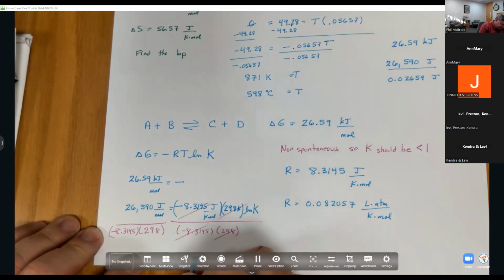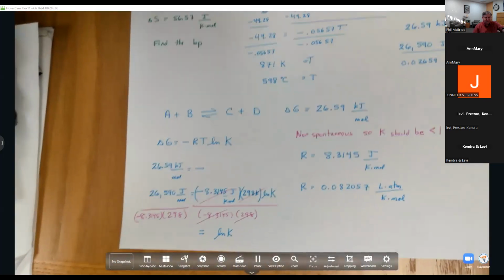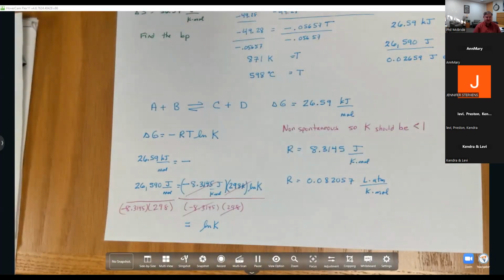So it gives me the natural log of K equals 26,590 divided by those two numbers, whatever that gives us.